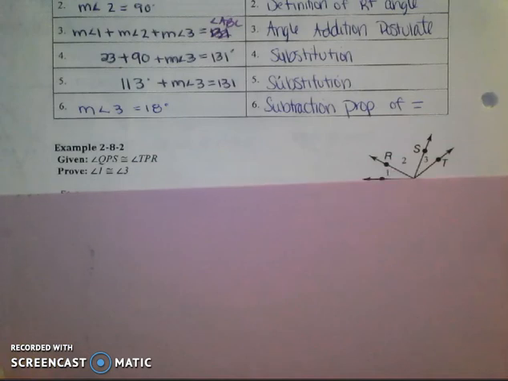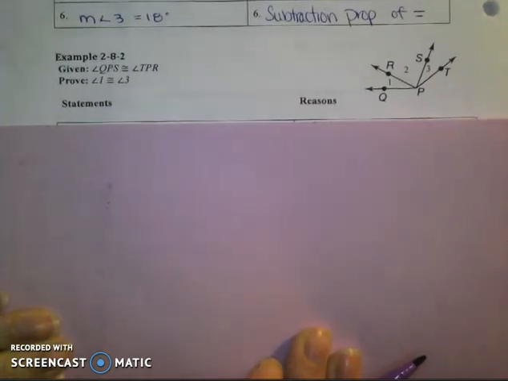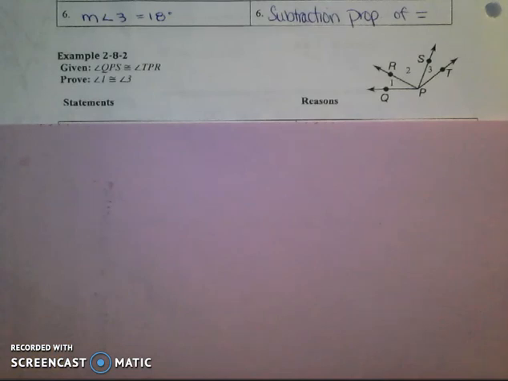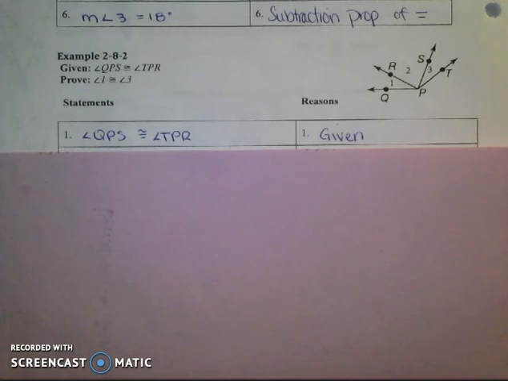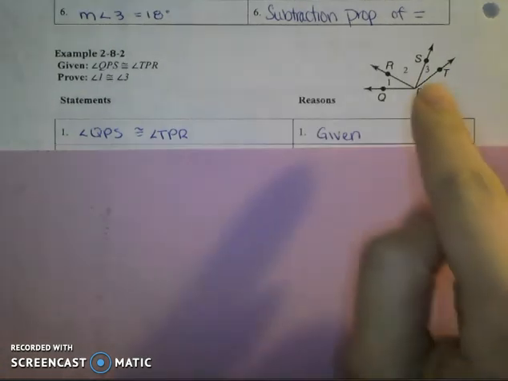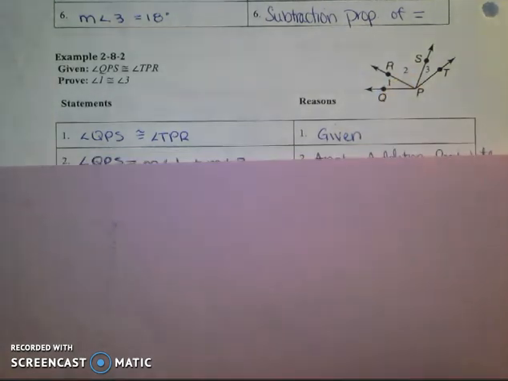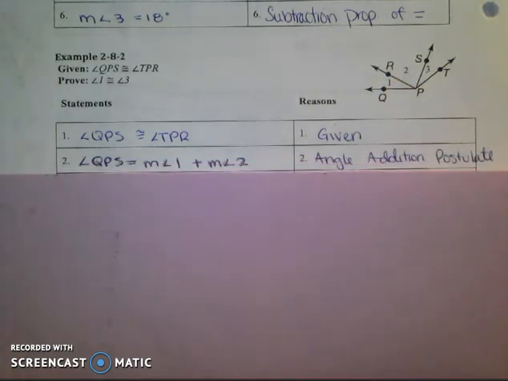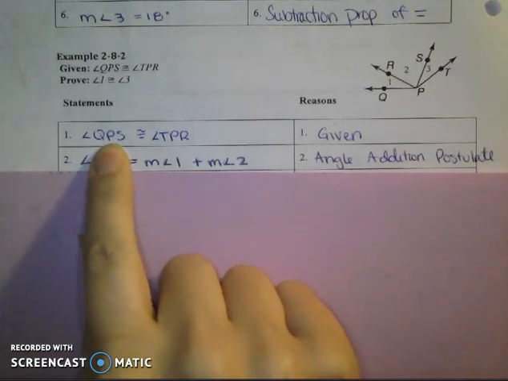All right, let's take a look at the next one. So go ahead and fill in what you know, where we start, where we're going to end. All right, so there's our given. Now, where do we go from there? Angle addition postulate, right? We want to go ahead and talk about what plus what equals what. So, measure of angle 1 plus measure of angle 2 is equal to QPS because we're talking about QPS here.